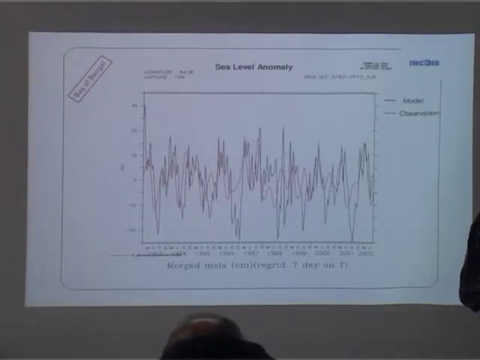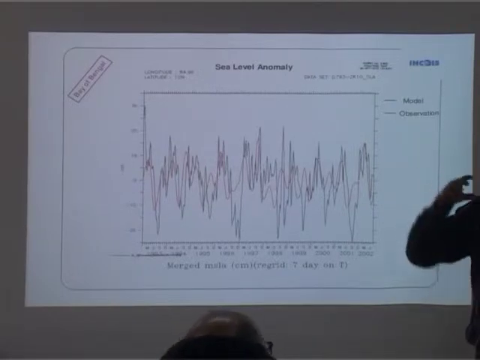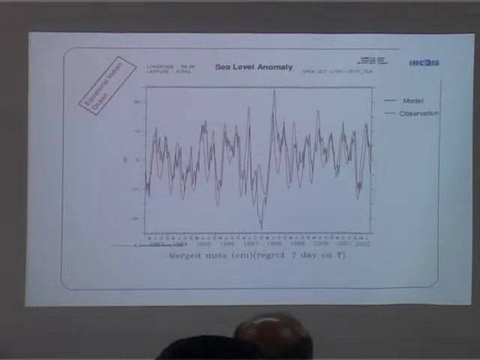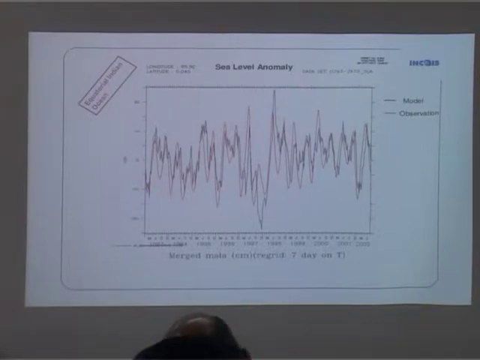Not all the grid points, but some grid points, and then averaged it. This is in the equatorial Indian Ocean, and things are pretty good in the equatorial Indian Ocean. Most of the models that we know of perform good in the equatorial Indian Ocean.